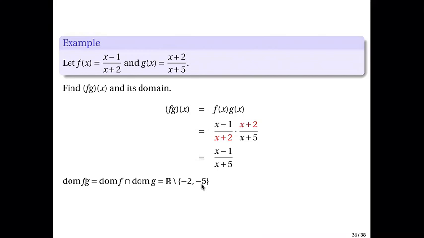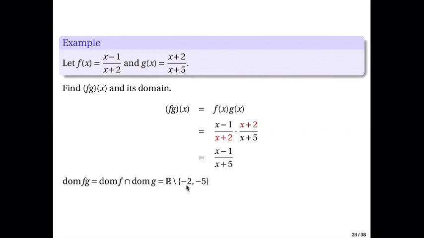Now, you might ask, Sir, why in the simplification of the product fg do we only have denominator x plus 5? This rational expression here means that the domain is just the set of real numbers except negative 5. But why do we include negative 2 to be removed from the set of real numbers? Again, it's because, coming from the definition, you need to get the intersection of the domain of f and the domain of g.